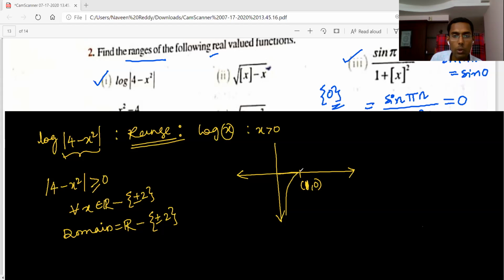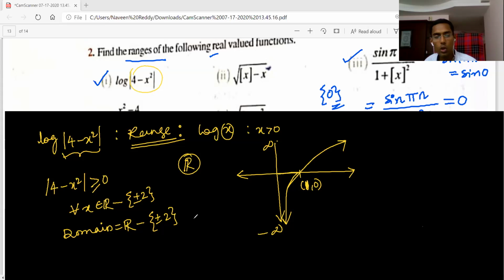If you take x value more than 1, it's going to be positive. So you get minus infinity to plus infinity. Therefore, range is all real numbers: positive real numbers, negative real numbers, all real numbers you get.